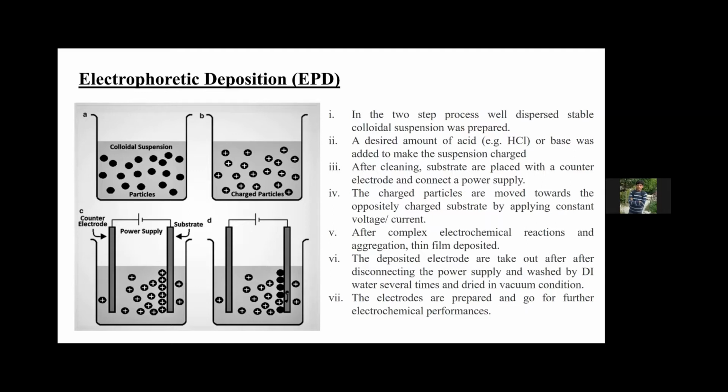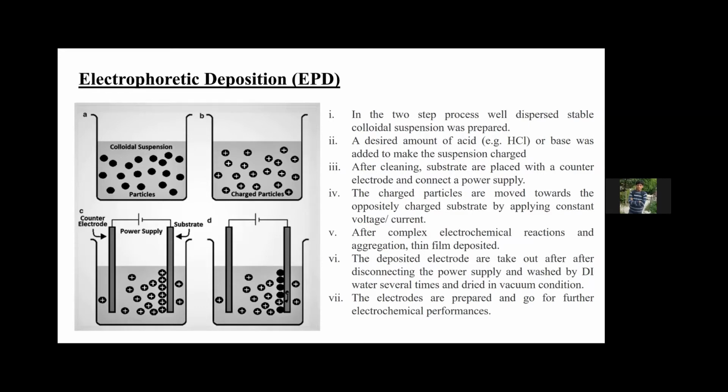Remember one thing, when we use EPD or slurry, before coating our material, it is required to clean the substrate to reduce its residuals. After cleaning the substrate, we dip it into the solution and apply a power source.